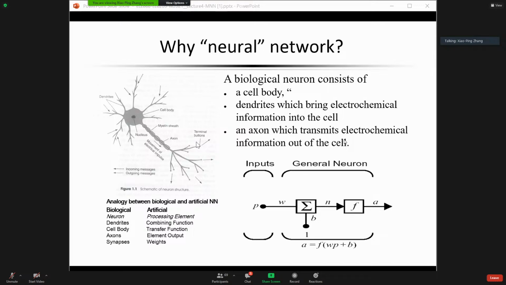So coming back to the multi-layer neural network structure we just introduced: today's deep learning is 99% multi-layer feed-forward neural network, the one used to recognize faces.